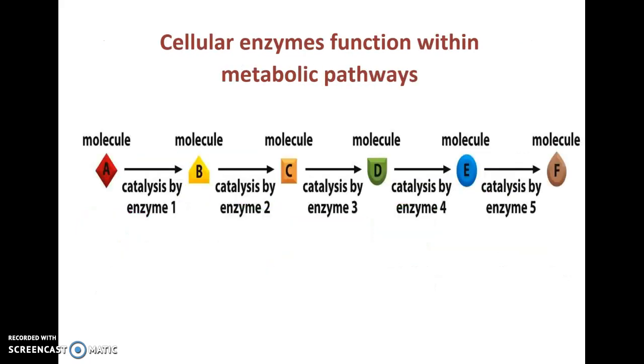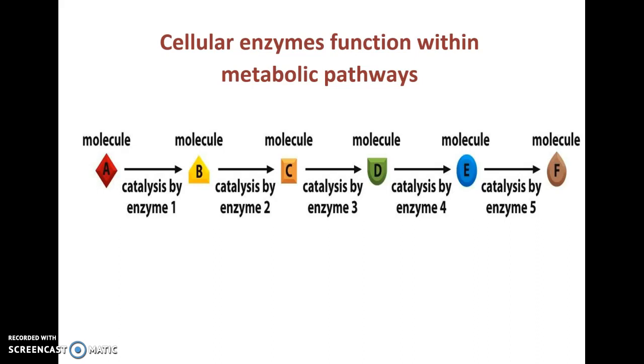Usually, the reaction is controlled by some sort of feedback mechanism, and so there are generally metabolic pathways. Metabolic pathways where the product of enzyme 1 is the substrate for enzyme 2, and the product of enzyme 4 is the substrate for enzyme 5.